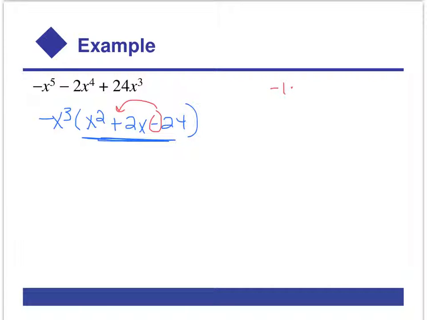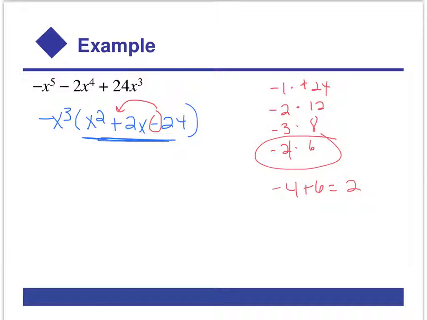So negative 1 times positive 24, negative 2 times 12, negative 3 times 8, negative 2 times 6, negative 4 times 6. So that would be the one, because if we said minus 4 plus 6, that gives us a positive 2. So we wind up with negative x cubed times x plus 6, and then x minus 4, and we're done.